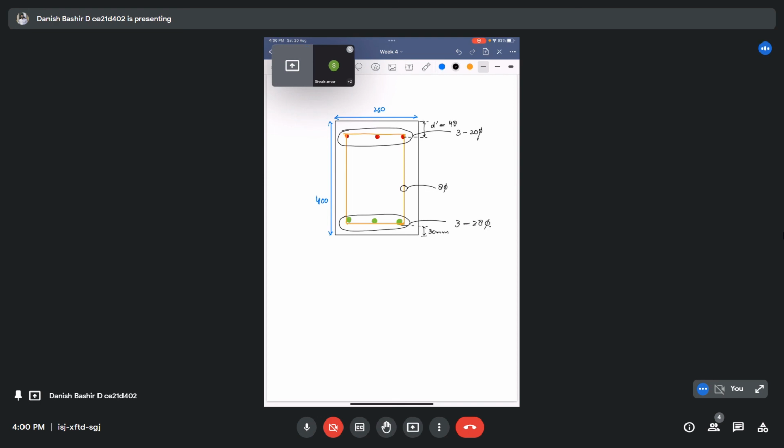For example, if we put all the values, we can get this distance as well, bar spacing as 53 mm. This is the beam section. This will be the final beam that we designed for our given loading.